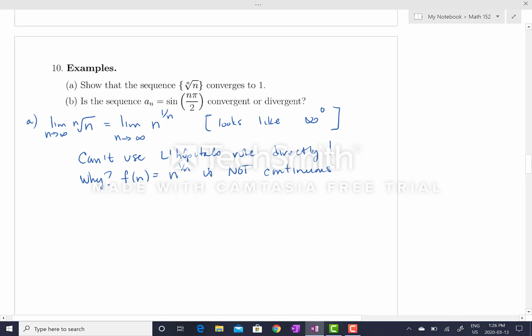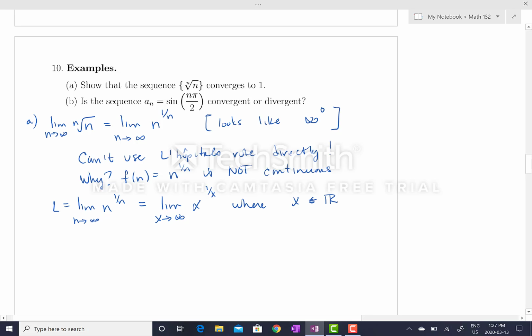So whatever the limit is, this limit that I'm trying to find, it is guaranteed by that theorem we just saw previously that this will also be the limit as x goes to infinity of x to the 1 over x, where x is in the real numbers.